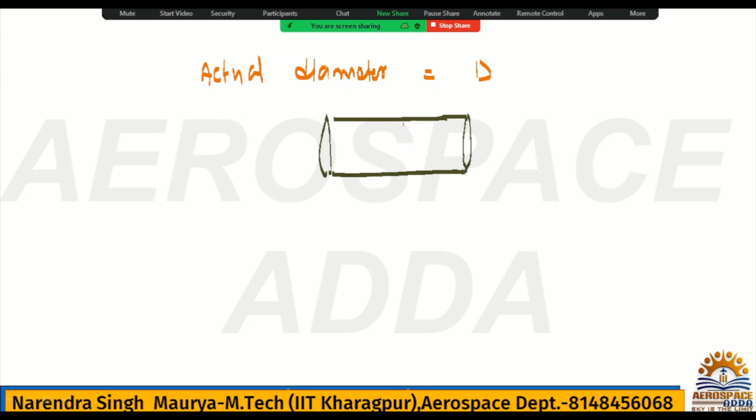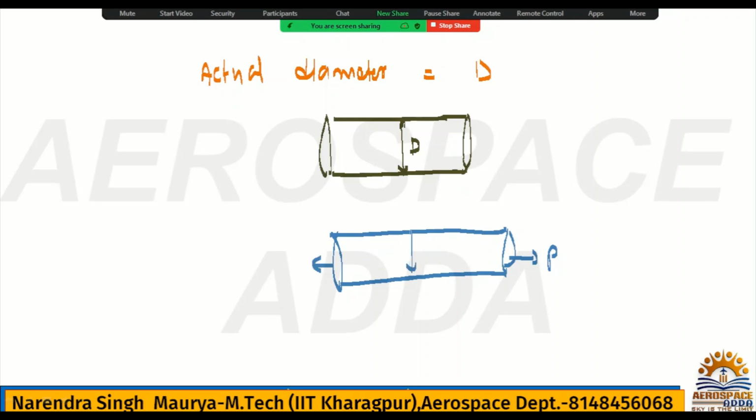But when the length is increased, the diameter will be decreased. Length is increased, but diameter is decreased because of this tensile load P. So now the diameter I can say is capital D minus delta D, where delta D is the decrement in diameter.